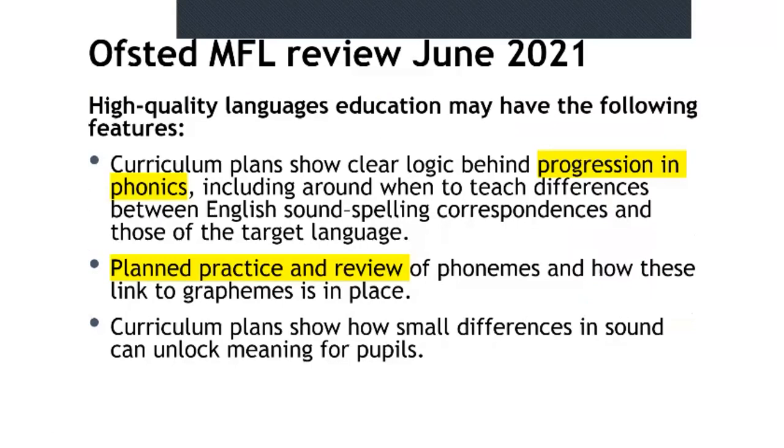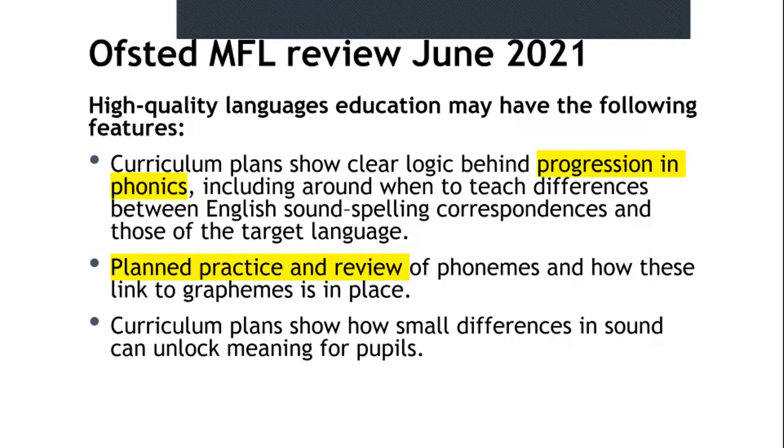So it's the fact that the curriculum plan should show some clear logic behind progression in phonics. They must show it in vocabulary and grammar as well, but obviously today we're focusing on phonics, including when to teach differences between English sound spelling correspondences and those of the target language, obviously Spanish in our case. And also, where is their planned practice and review of these phonemes?